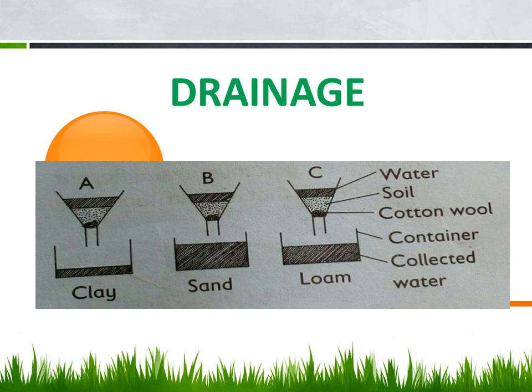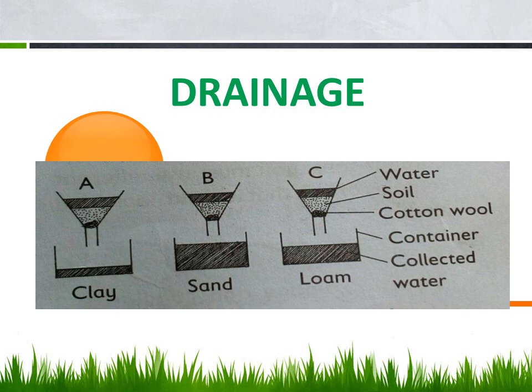Pupils, the size of soil particles determines the ability of water to pass through. Soil with large particles allows water to pass through them easily. Hence, it is said to have good drainage.